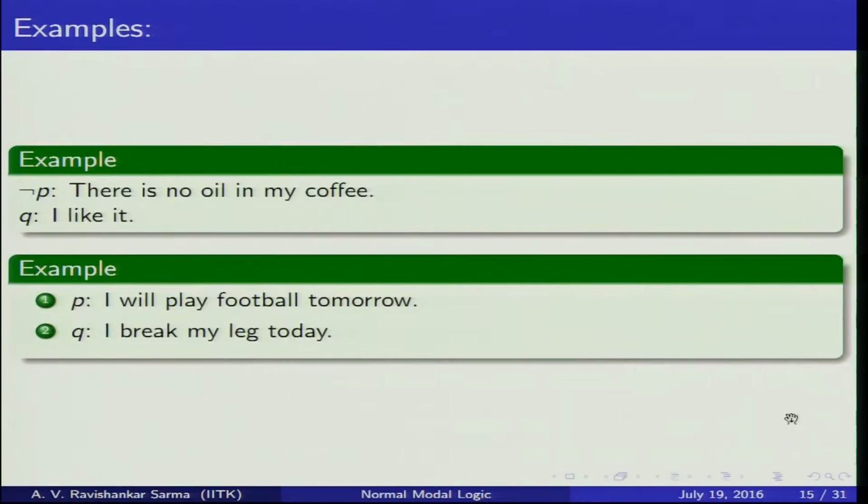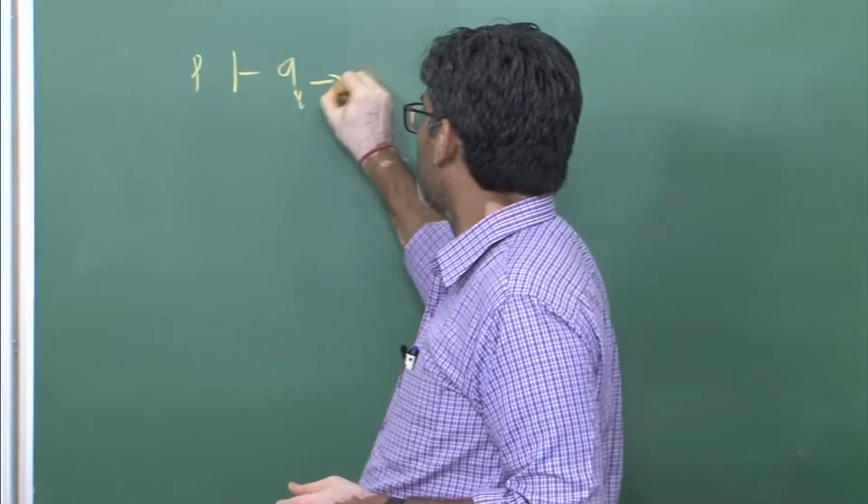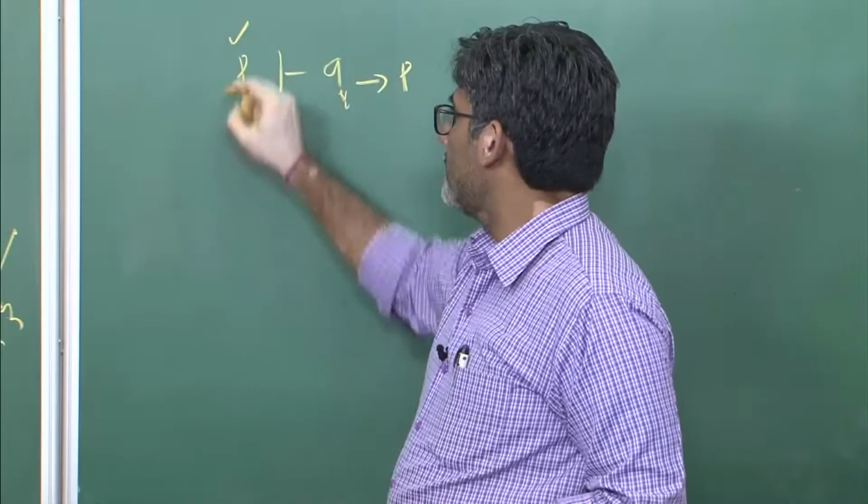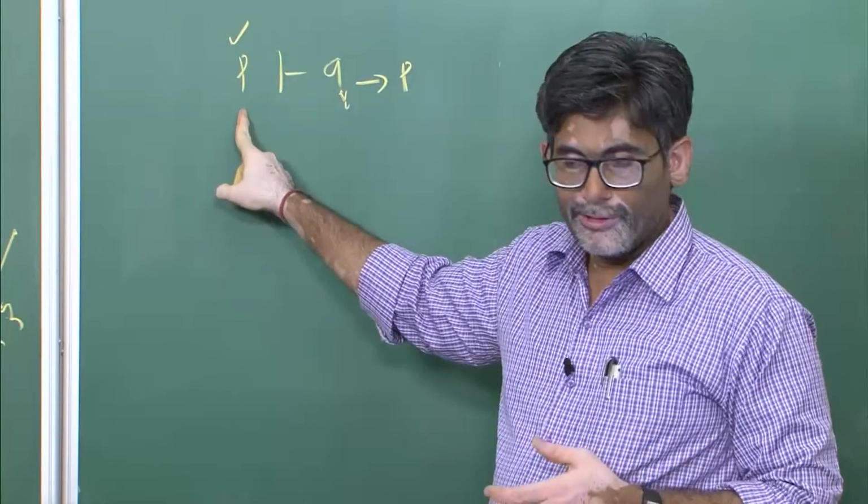Another example: consider P as "I will play football tomorrow," and Q as "I break my leg today." Taking the first example into consideration, Q implies P. So P stands for "I will play football tomorrow."